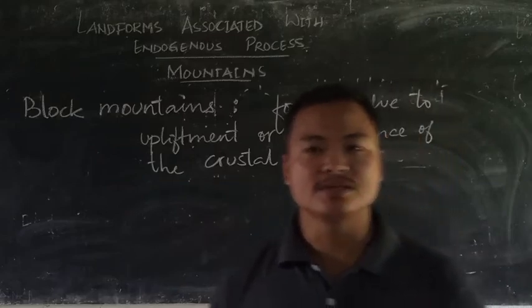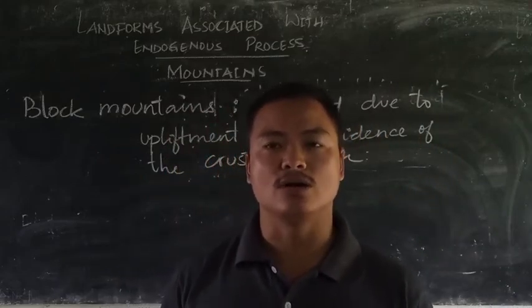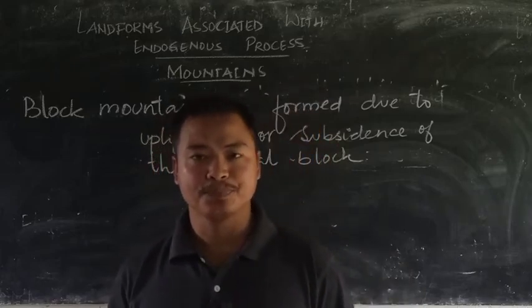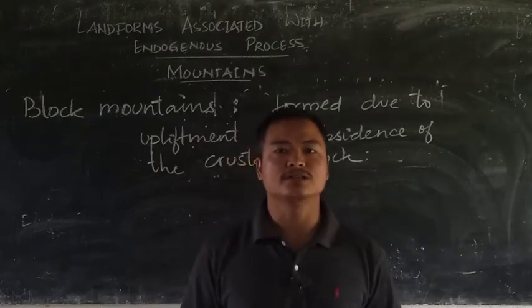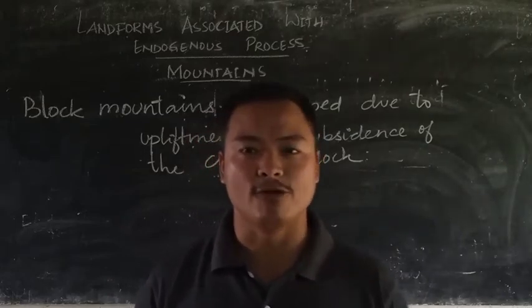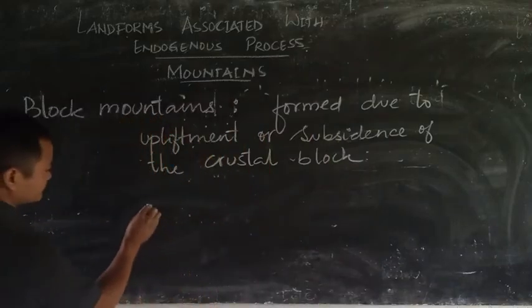And this happens when cracks, that is faults, occur on the earth surface. Again, faulting is a process that we discussed, which occurs on the earth surface due to the tensional forces that act upon the crust. So let us see here.